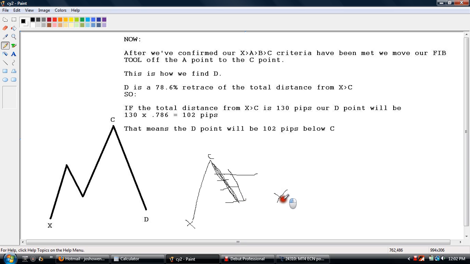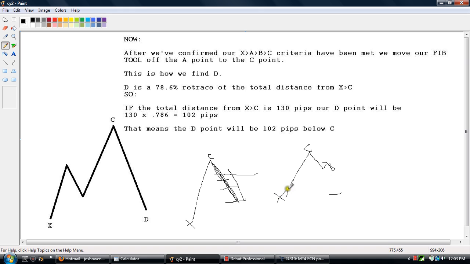Okay? If you're measuring the distance from X to C and you pull your fib tool and your first number you come to is a higher number, or the 78, then you know you got your fib tool wrong. Because a 78% retrace of the X to C is going to be down here.